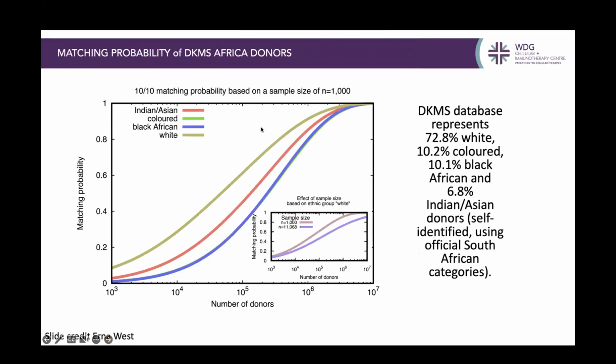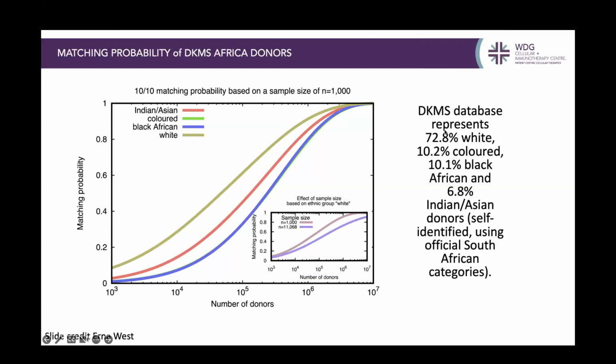Now, just to see why this is such a big issue in terms of finding donors for our patients: this is based on the DKMS registry, but the South African donor registry has fairly similar proportions.